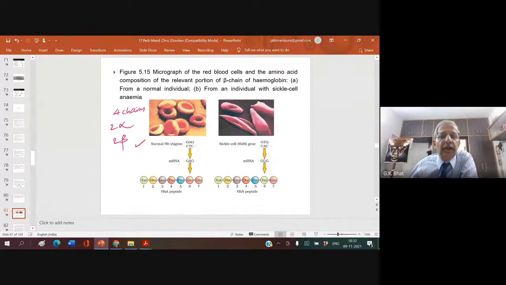In the beta chain, there is a slight mutation in one pair of genes, where you see here a nitrogen base A and its complementary base T. A is mutated to T. Understood? Can you see this?